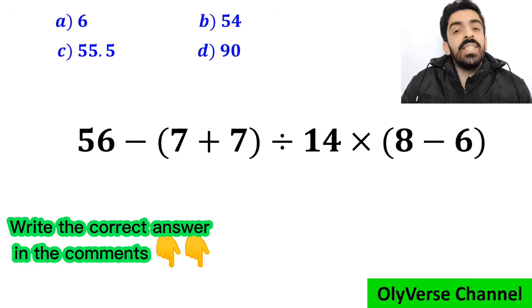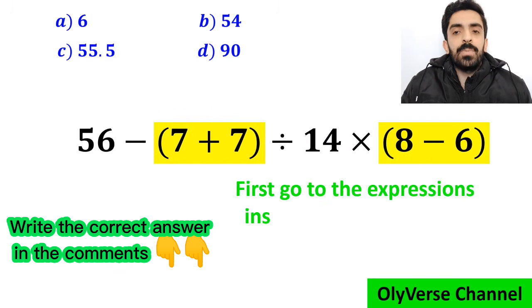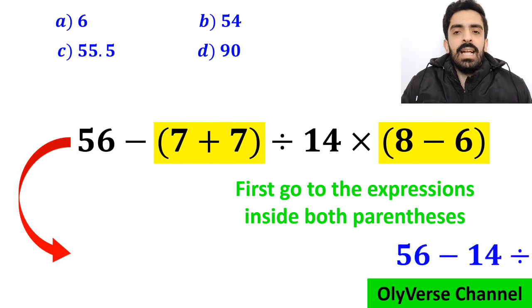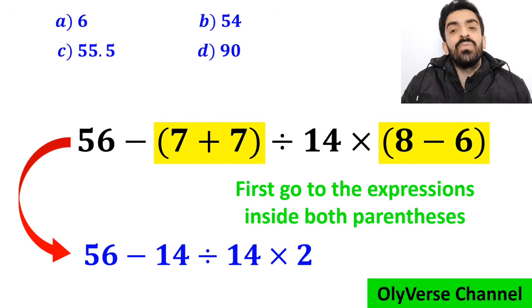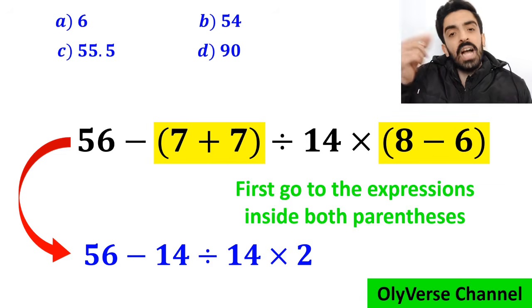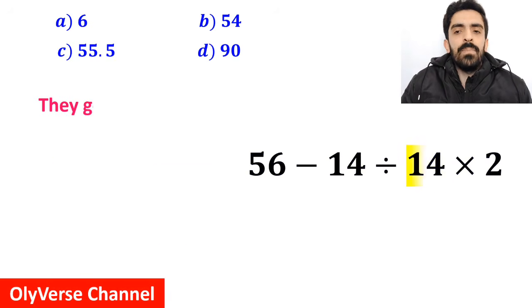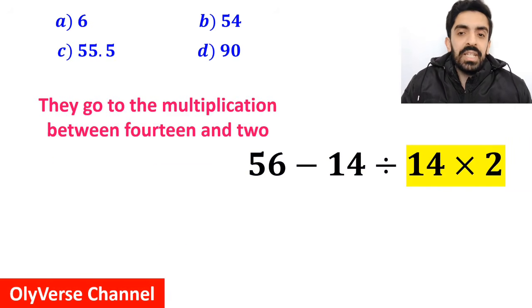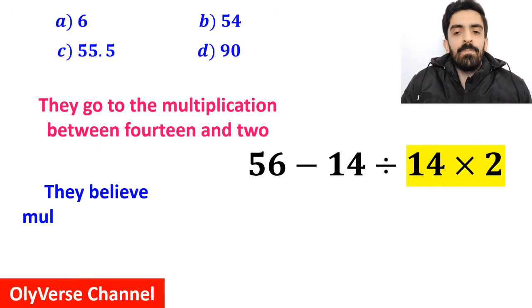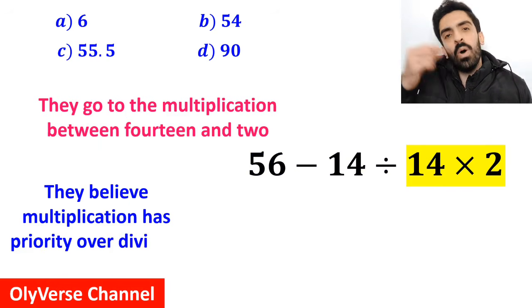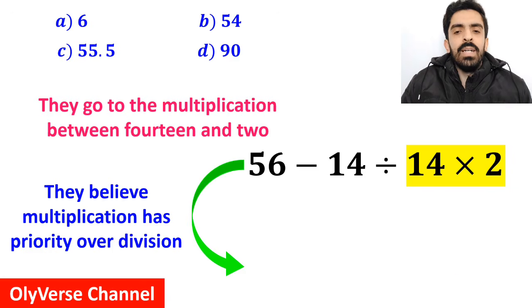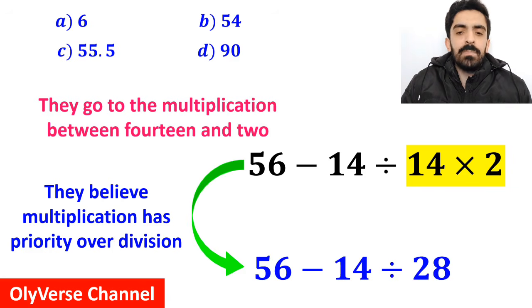Also, some other people, when solving this question, first go to the expressions inside both parentheses and simplify to 56 minus 14 divided by 14 times 2. In the next step, they go to the multiplication between 14 and 2 because they believe multiplication has priority over division. So, they simplify this expression to 56 minus 14 divided by 28.